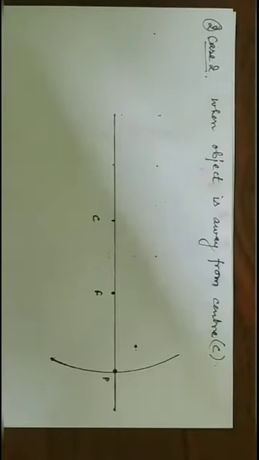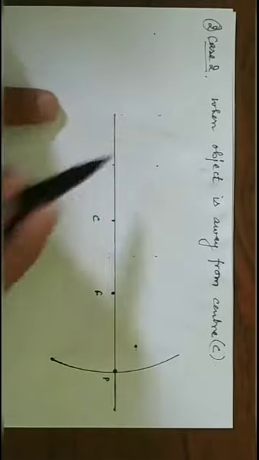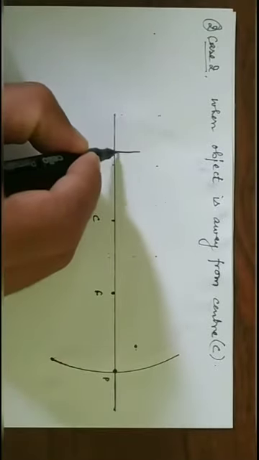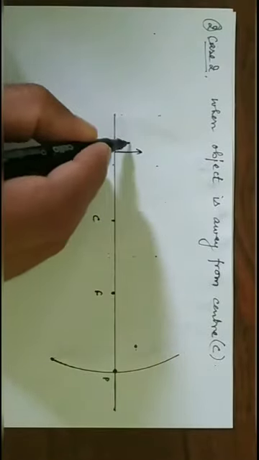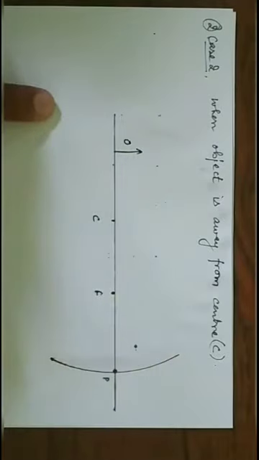Now let us discuss the second case, when an object is away from the center. It is not at infinity, but it is away from C. So here I am placing my object here. This is my object O at this place. Now to form an image, I will draw a minimum of two rays whose rules are known to me.